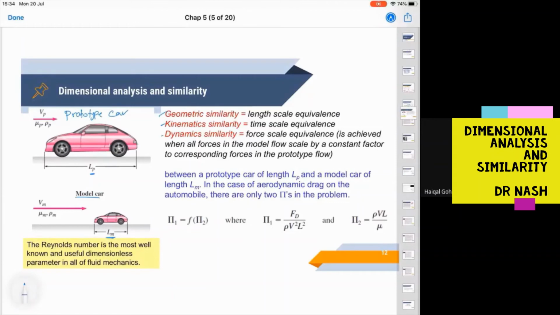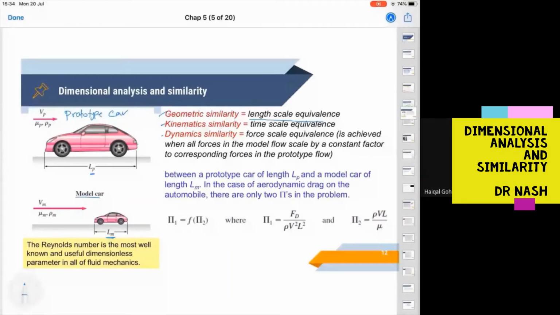Okay, if you look at geometric similarity, the length scale equivalence. In this case, we downsize the geometry. So you have to make sure the length scale is equivalent. Let's say LP to LM is 1/5, what does that mean? We reduce the original size to 1 meter.